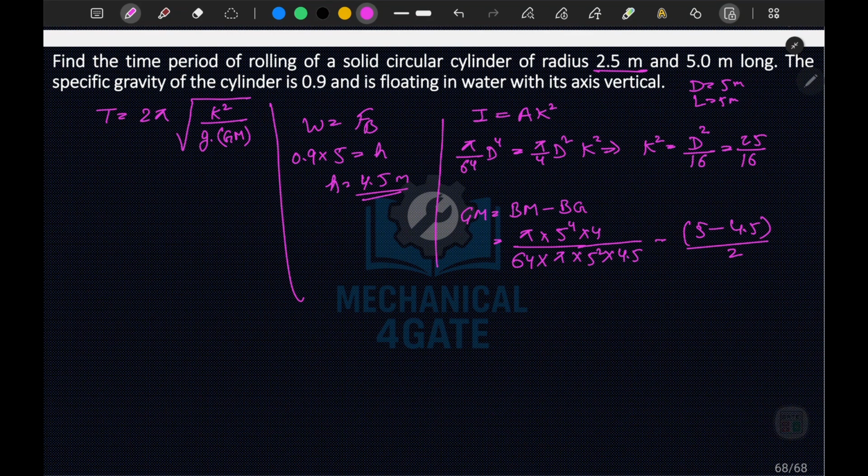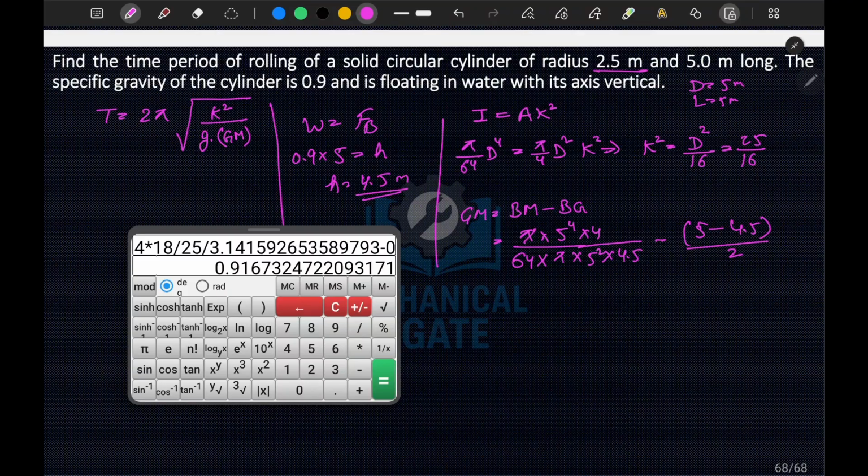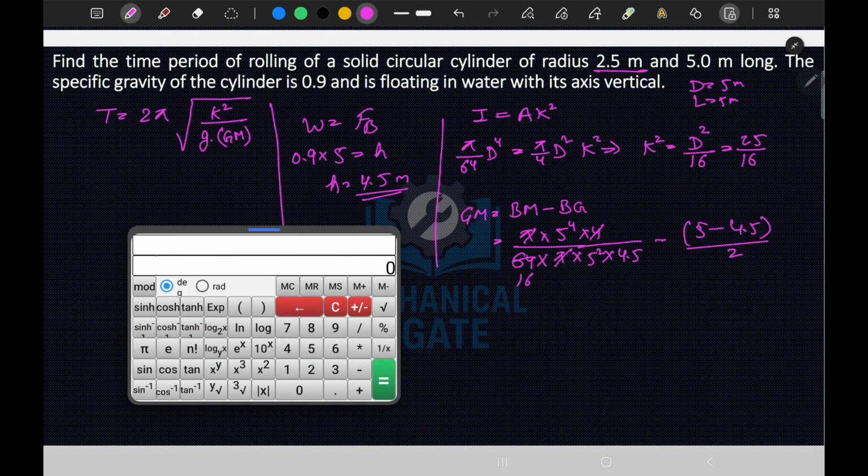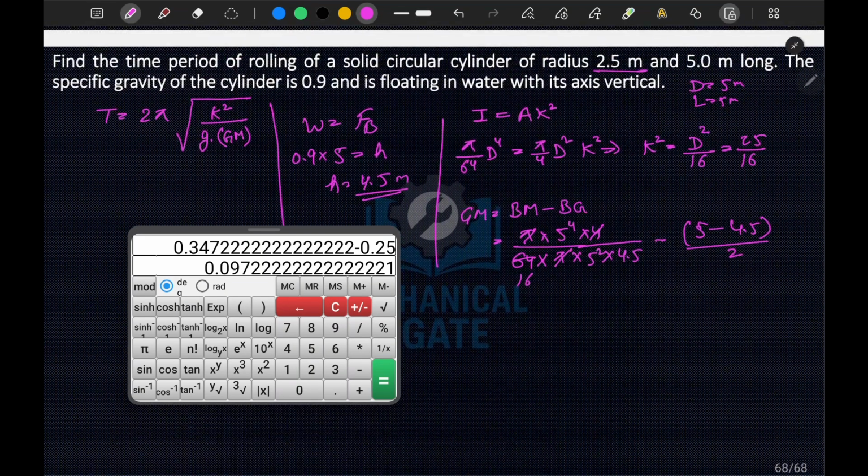If I solve this, 5 and pi cancel out, and 5 square cancels out, this will become 16. This is 25 divided by 16 divided by 4.5, minus this term which will become 0.25. So from here I can write my GM value is equal to 0.097 meter. This is your metacentric height.